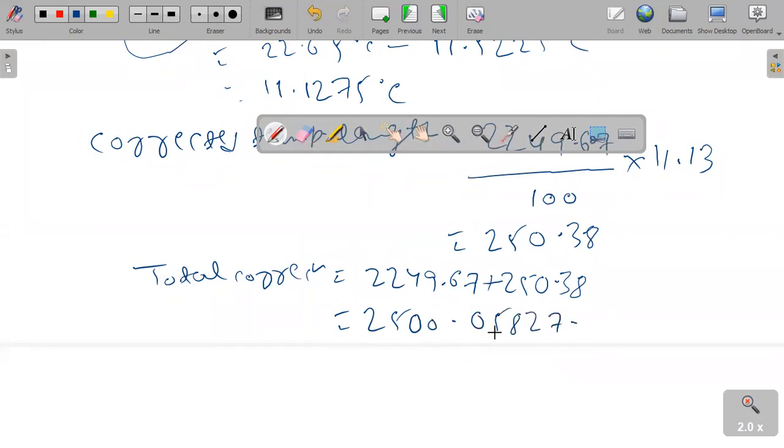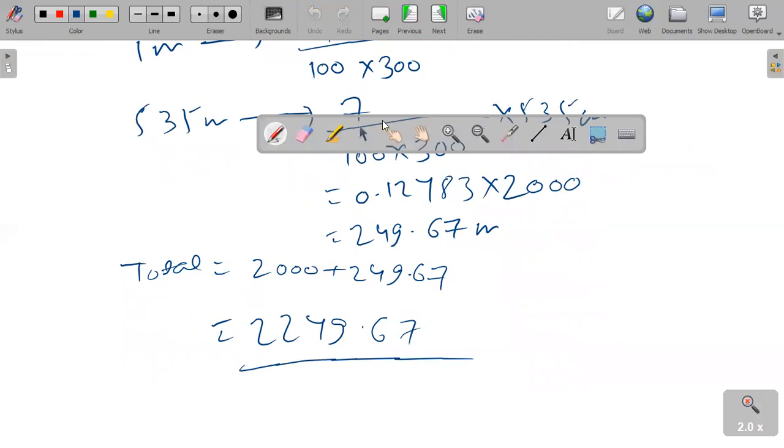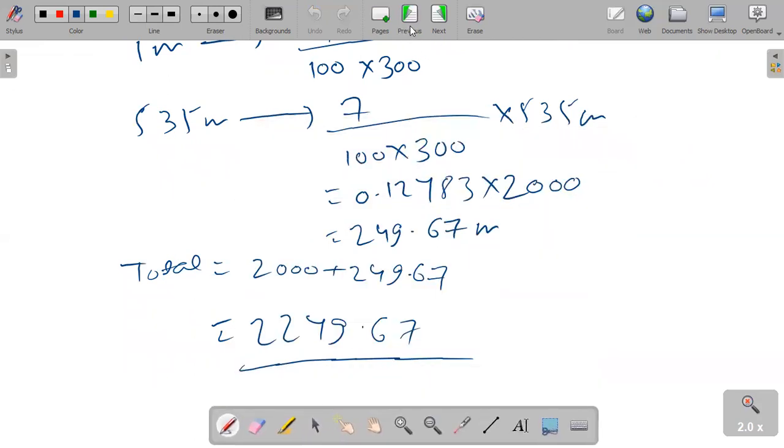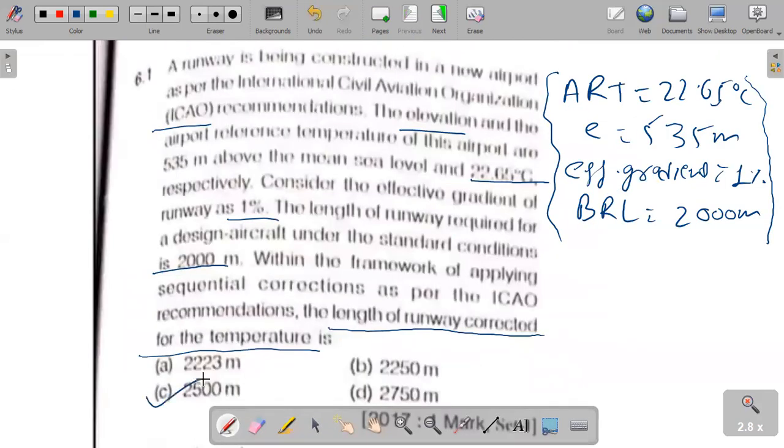So this is our corrected temperature length, 2500.05. Let's see, is there any such option given? So yes, option C is our correct answer.